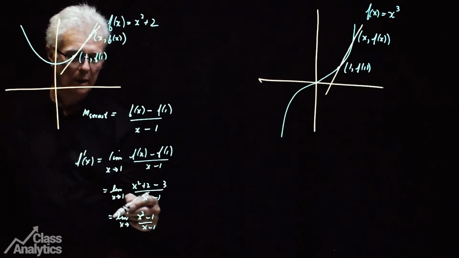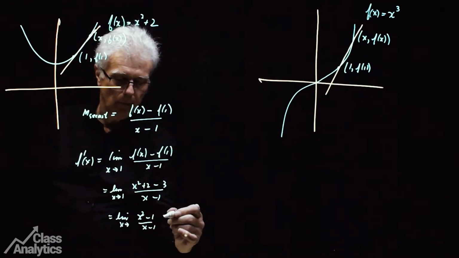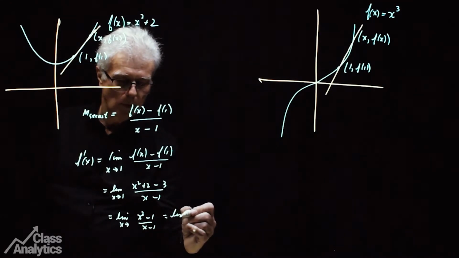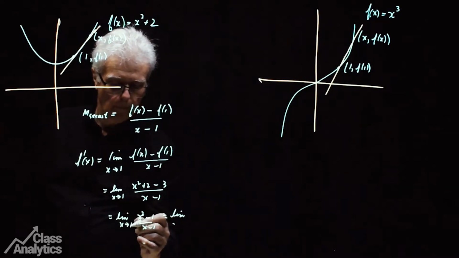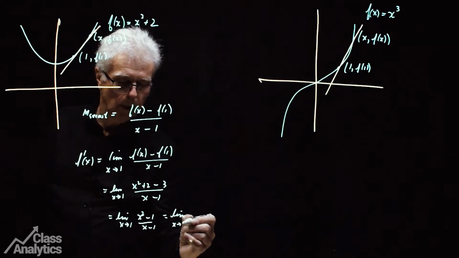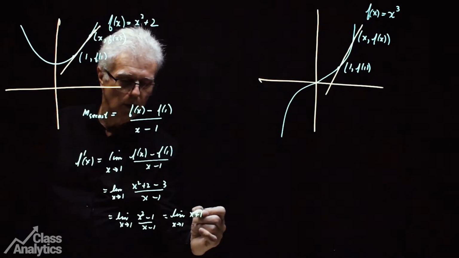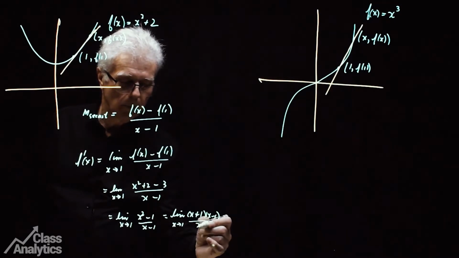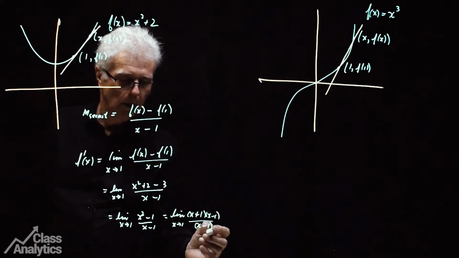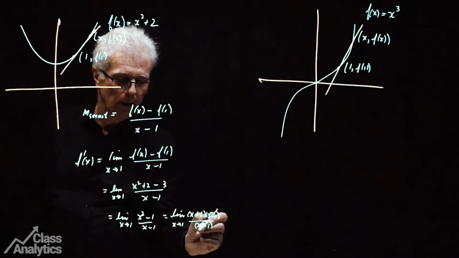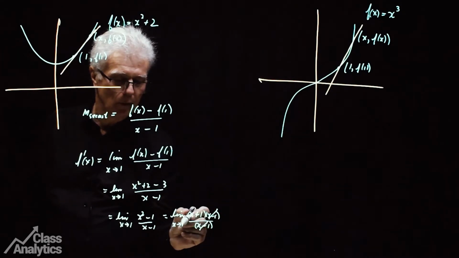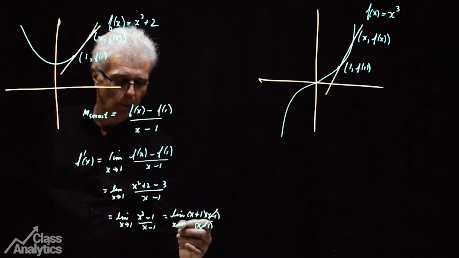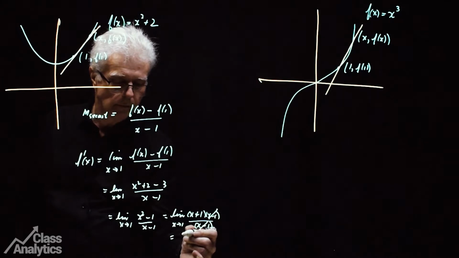Now here's where that limit theory pops in. So now we write that as the limit as x goes towards 1. This becomes x plus 1 by factorising, x minus 1 over x minus 1. Because these x minus 1s go out, and then you substitute 1 in, we get the value of 2.